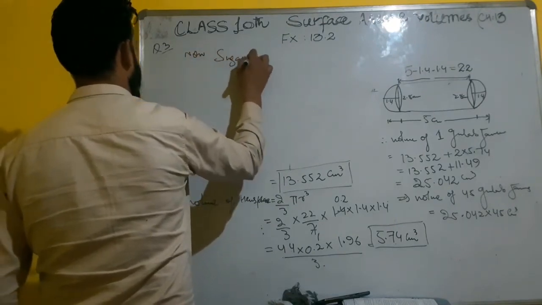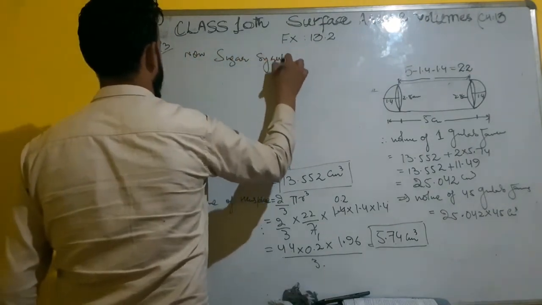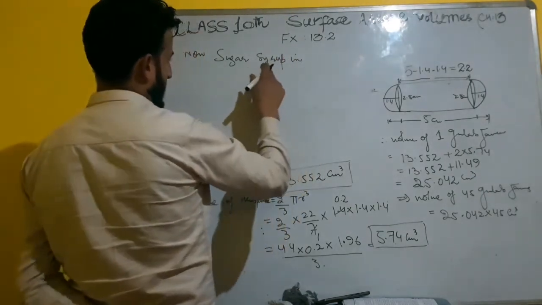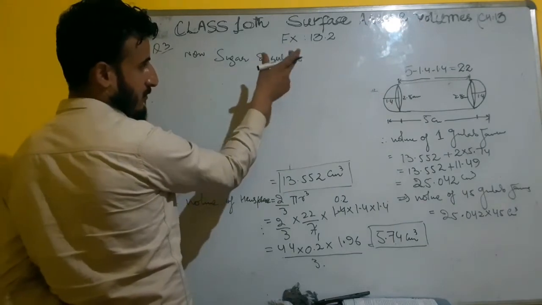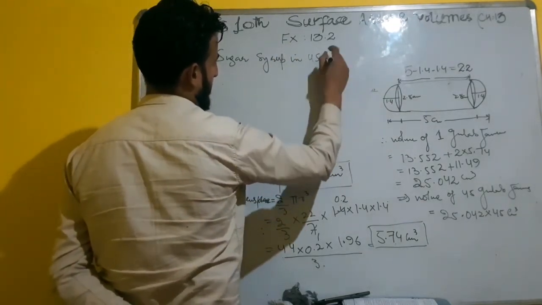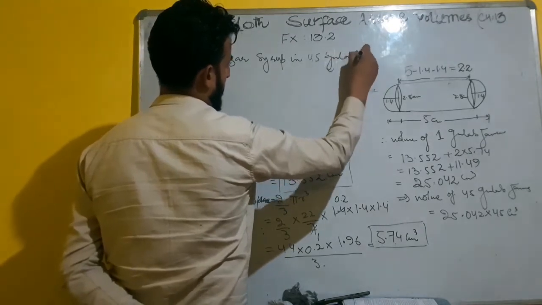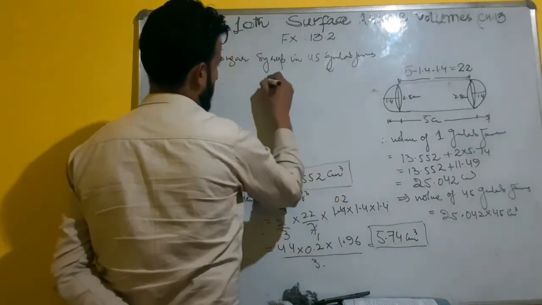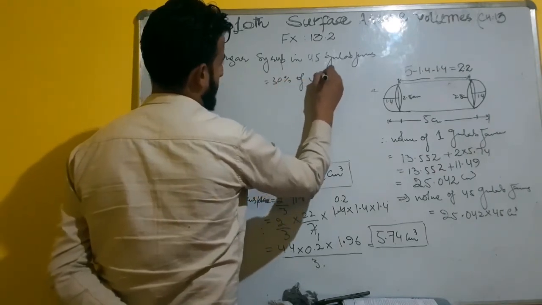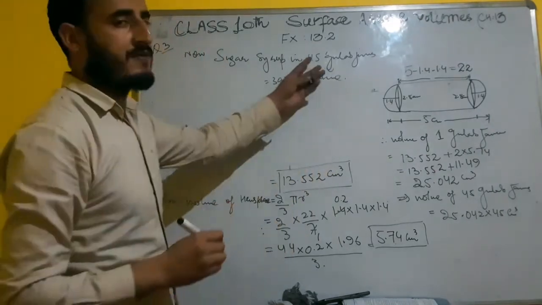The sugar syrup that is given in these 45 gulab jamuns, what is given? It is equal to 30% of volume of 45 gulab jamuns.